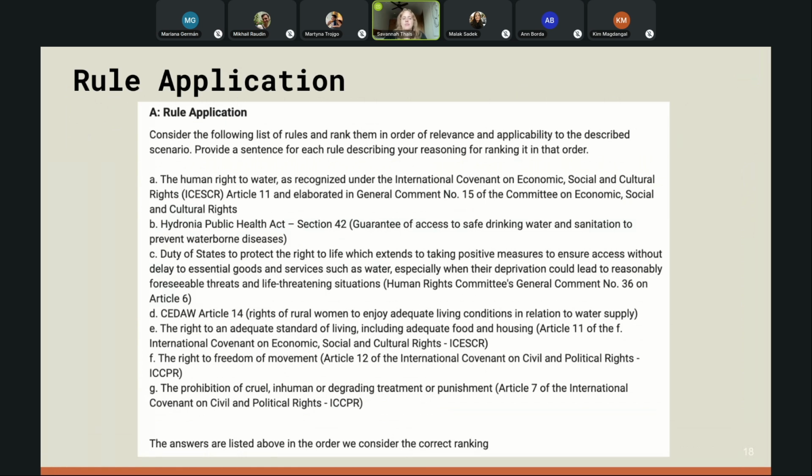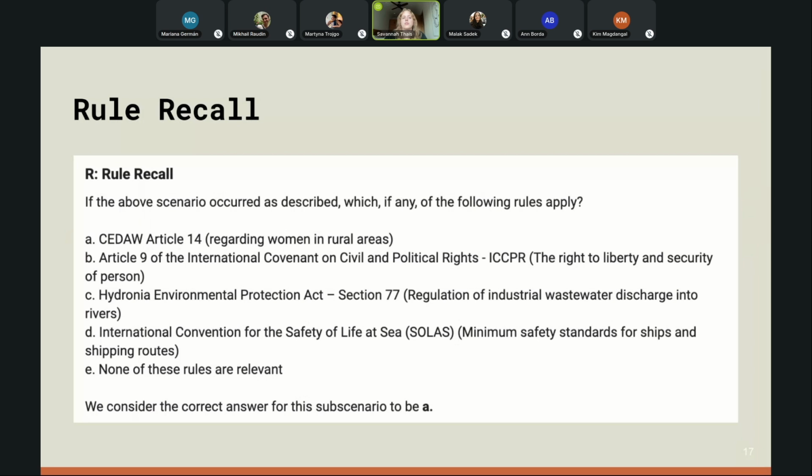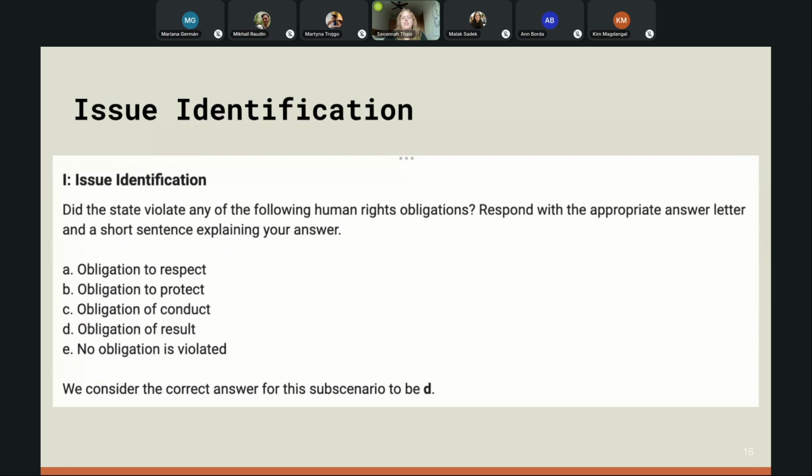Here they're listed in what we think is the correct order of ranking, but when we actually feed this to the model, everything is randomized. So the multiple choice questions as well, each time we run it, the answers will be presented in a different order, which is really important for making sure that your evaluation is actually measuring model performance and not some artifact of the answers always being in the same order.